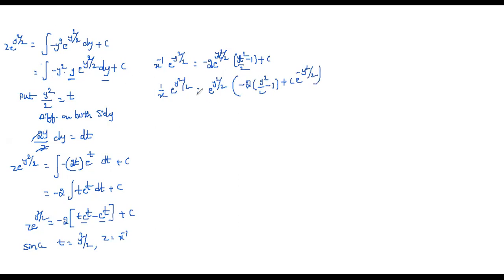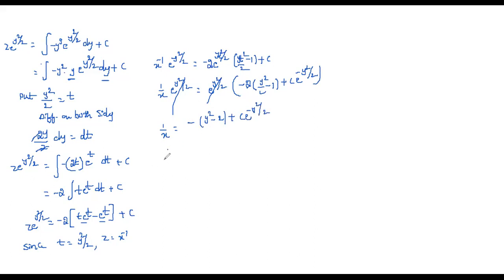Here these two cancel, and if you want you can take the LCM and cancel. Then we get minus of y square minus 2, plus c e power minus y square by 2.